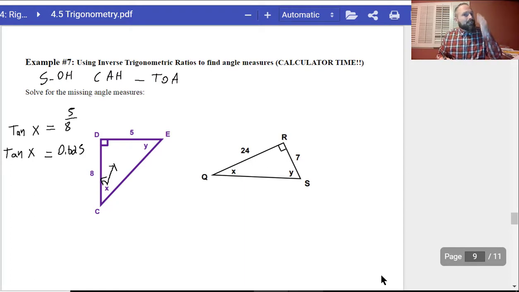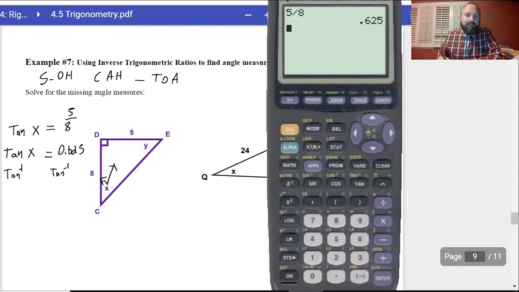So wait, what's the opposite of times something? It's division. So what's the inverse of the tangent? We're going to get the tangent inverse right here, and we're going to do it on both sides. So what we have to do is put the inverse tan right here and put 0.625.